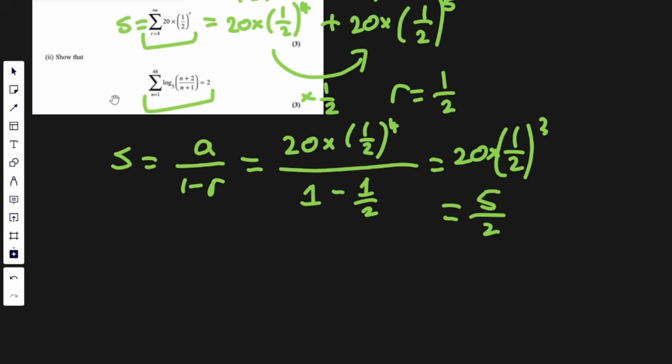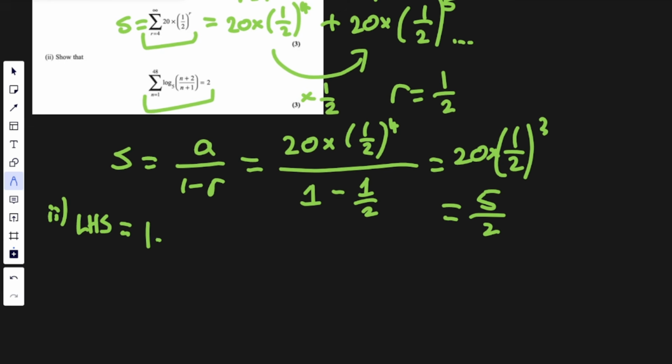Part 2, show that this is equal to 2. So again, we're going to have to consider the sum. What I'm going to do for part 2, I'm going to say left hand side is equal to, and again, I'm going to write out my terms.